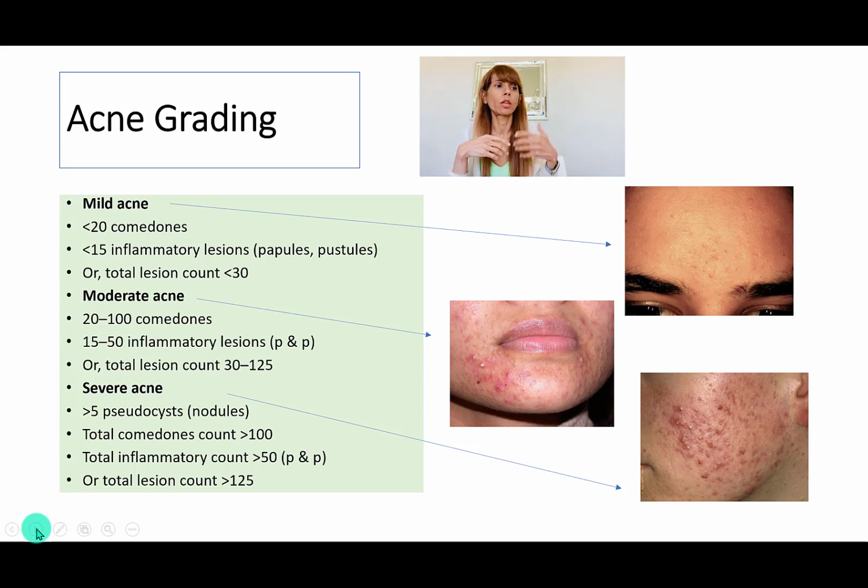For example, we can call it moderate when there are 20 to 100 comedones. We can call it severe when there are more than 5 pseudocysts, and there is scarring, there are more than 100 comedones and all kinds of different things. So based upon how many of these there are, we can call it mild, moderate, or severe. To be honest, nobody sits down and counts all the comedones. So just by looking at somebody, you can say this is mild, moderate, or severe.